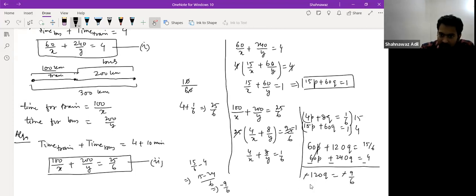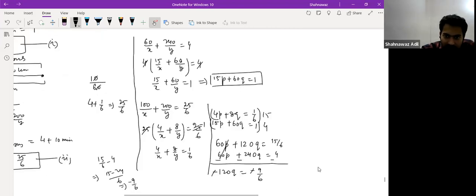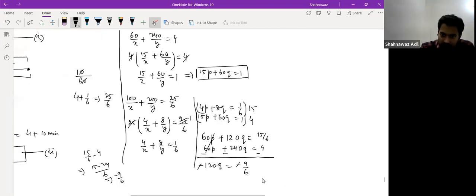So Q is 9 by 6 into 1 by 120. Cancelling, this is 3 and this is 2, and this is 40. So Q is 1 by 80.